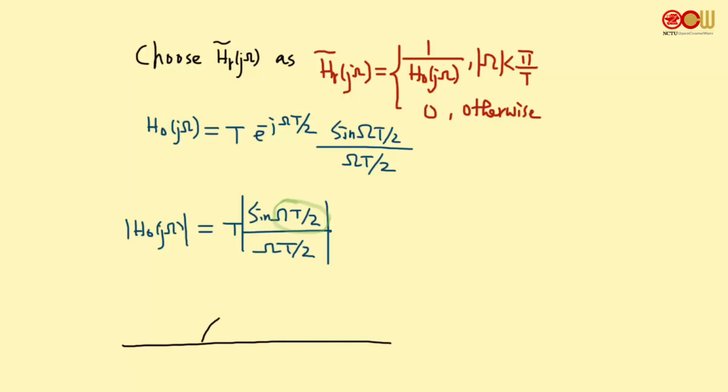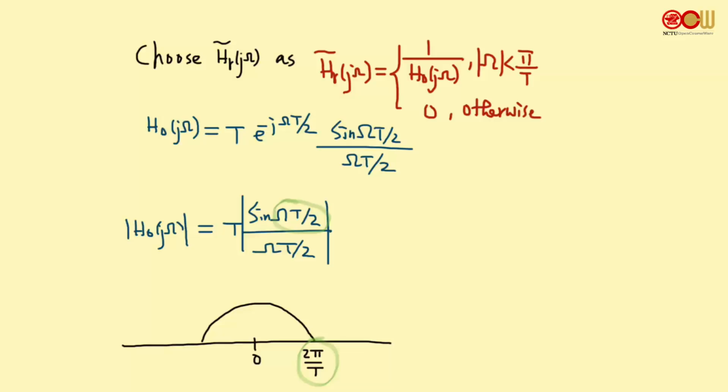Its zero crossing will be at 2 pi over t, because if you substitute omega equal to 2 pi over t, then this is pi, and the sine function gets 0 in the numerator.